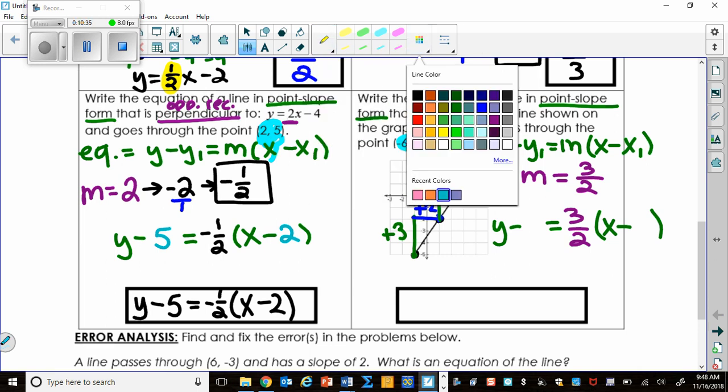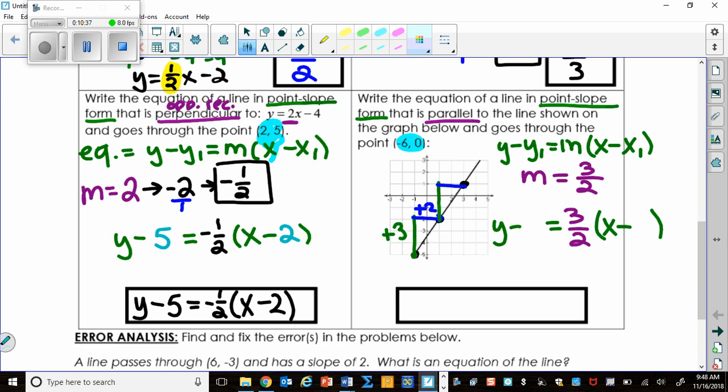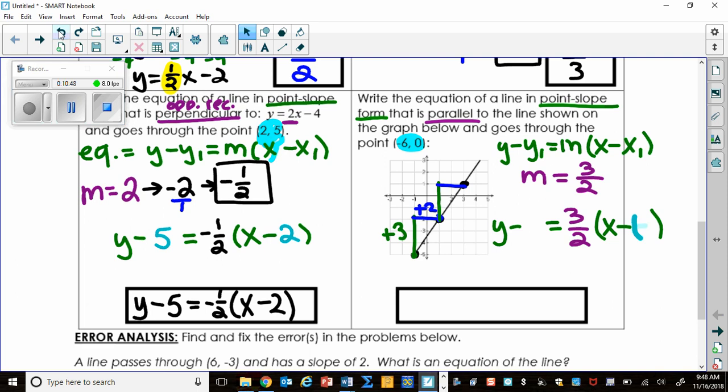And I'm going to plug that in. X is -6. I already have a minus sign, so remember that when you have double negatives, you have to use parentheses.